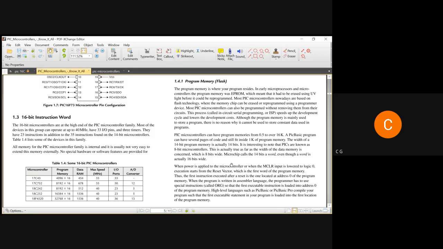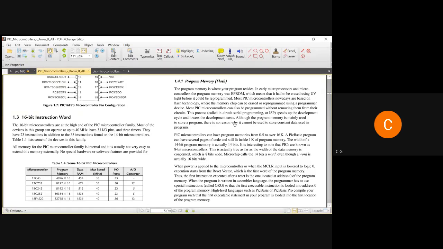The program memory is where your program resides. Earlier EEPROM used to be there to write the program, where E means electrically erasable programmable read-only memory. Then there is also UV light, which can erase a particular ROM.